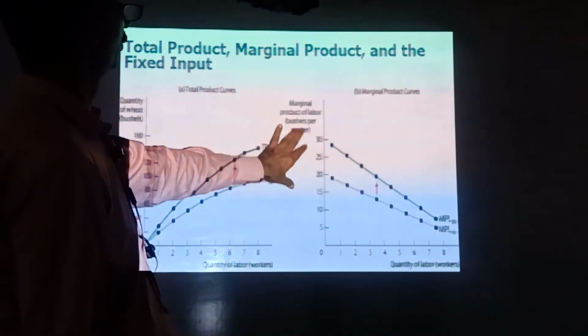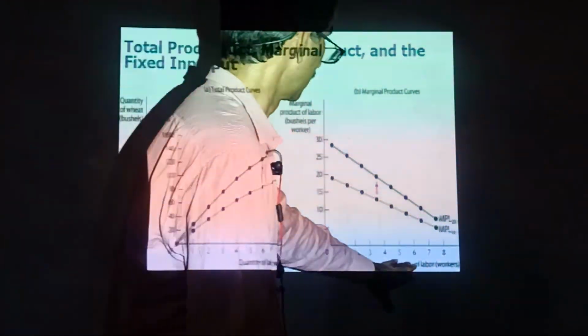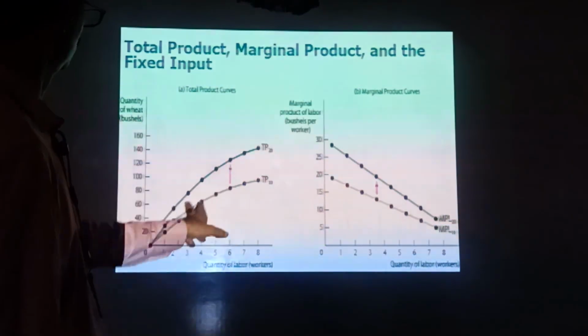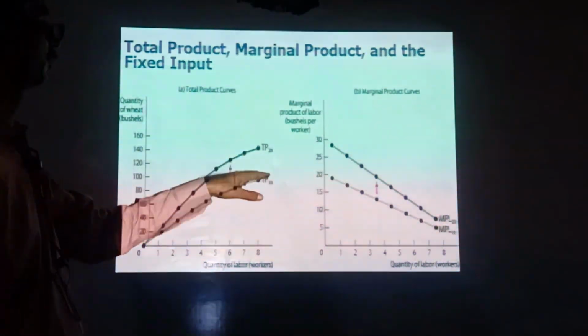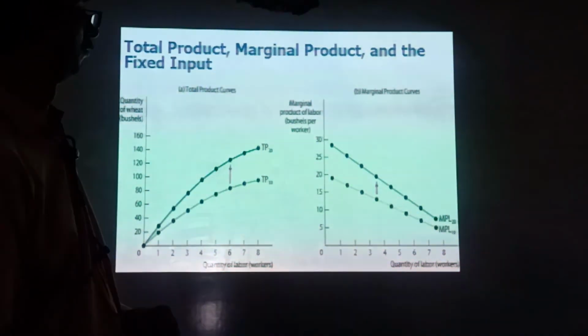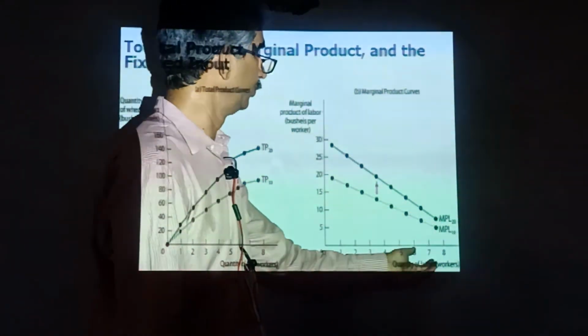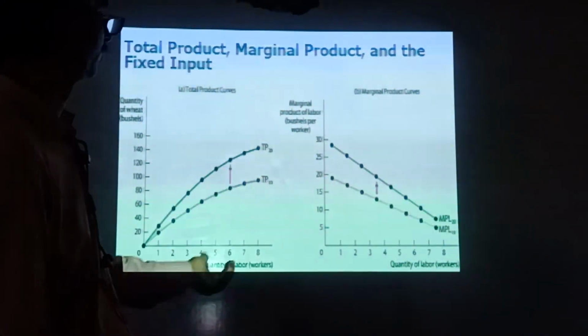You can see the marginal product of labor, bushels per worker, quantity of labor. These are the two lines of the total product, and these are the two lines of the marginal product of labor. It means the more laborers you add, the less output you are getting.